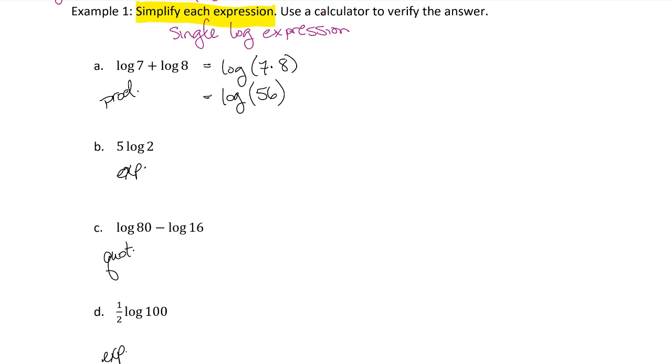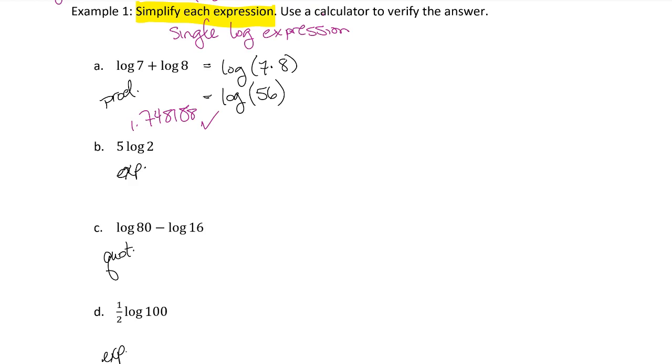If I wanted to check this on my calculator, what I would do is type in log 7 plus log 8, and I would get, and this is my check, 1.7481888. Okay. If I punch in just log of 56, I do get the same value. So that kind of proves to me in my head that this product law does work.